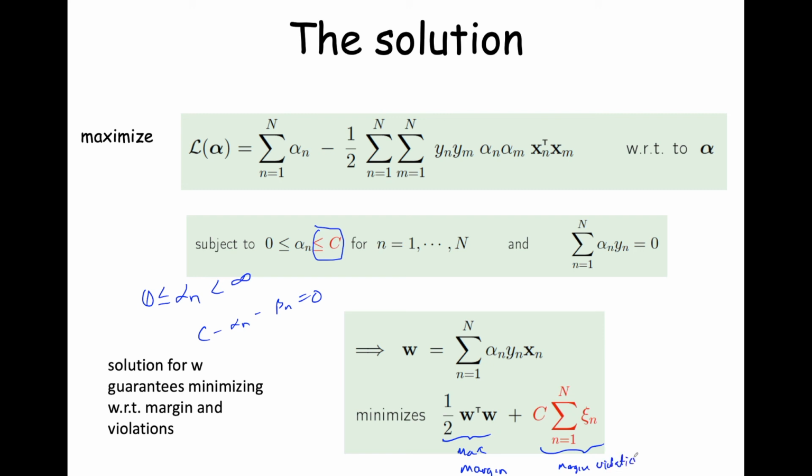And so C is going to control how much margin violation you can have. Okay. And so the only difference between the margin violation version of the support vector formulation and the non-margin violation, hard margin as it's called, formulation is this upper bound on our Lagrange variable, the alpha n's.